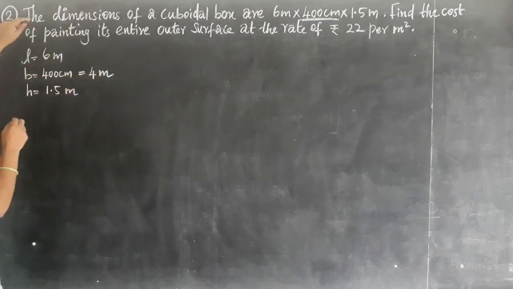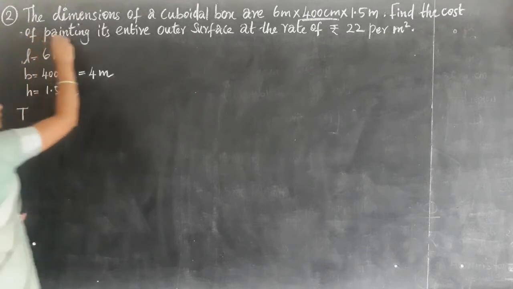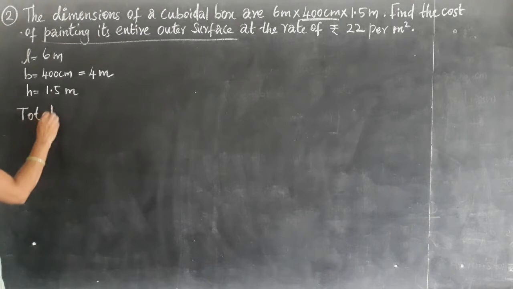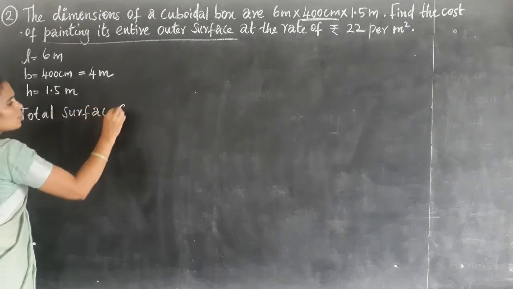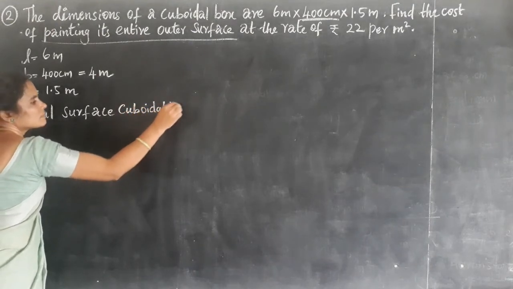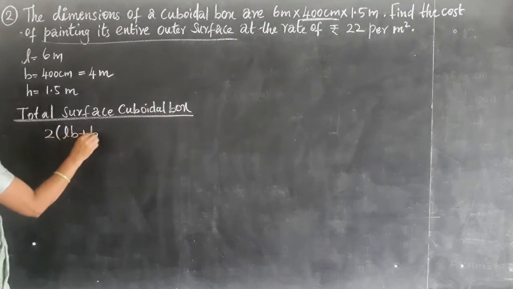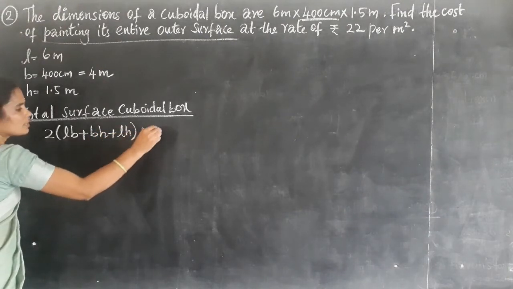The dimensions of a cuboidal box are given as length into breadth into height. So for painting the entire outer surface, we will find the total surface area of the cuboidal box. So 2 (length into breadth plus breadth into height plus length into height) square units.